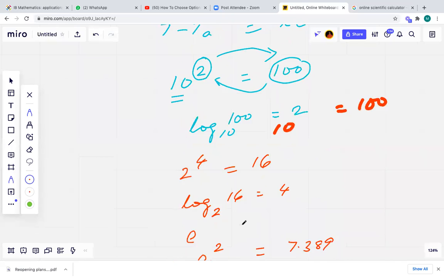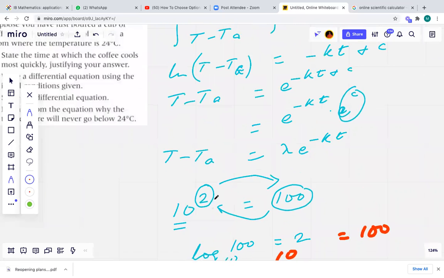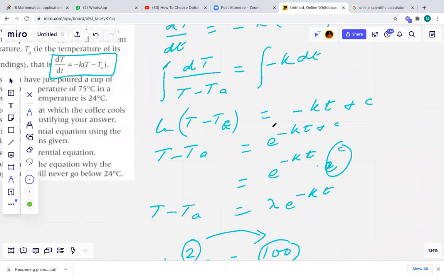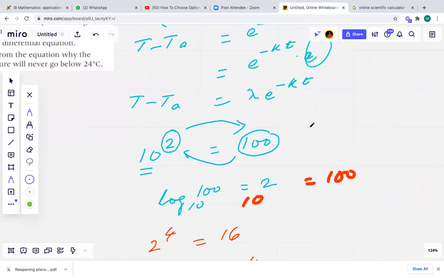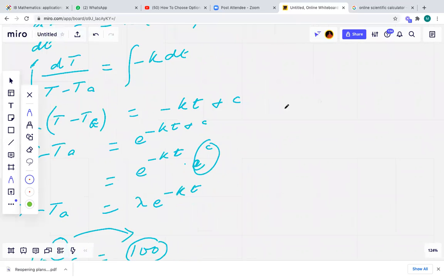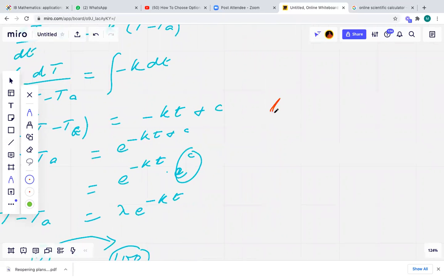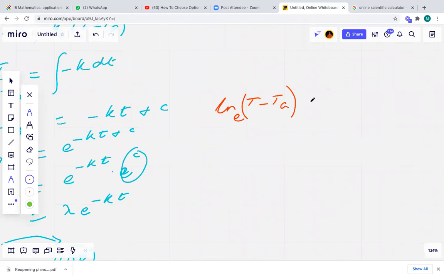Now I am saying ln(T minus T_A) is equal to minus kt plus c, with the base e.